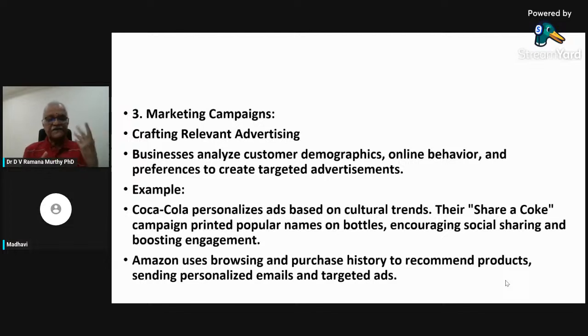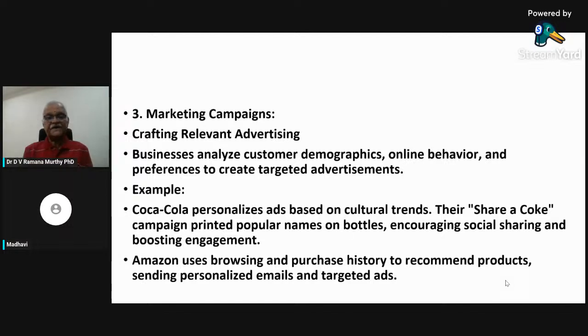Just like that, Amazon uses browsing and purchase history. I have already told you many a time during the earlier discussion. They examine the browsing behavior of the consumers. They examine the purchase history of the consumers to recommend products, and then they send messages, personalized emails, and targeted ads to the particular type of customers, etc. All these things are made possible.